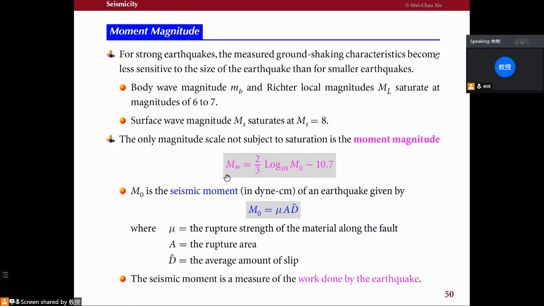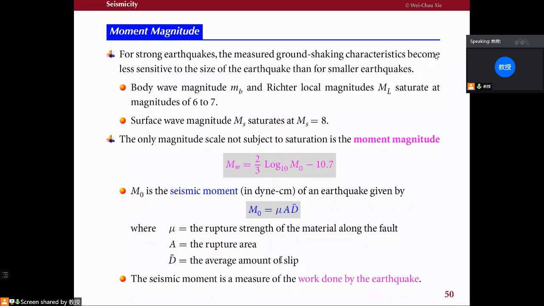MW. In here, M0 is the seismic moment. It's given by mu A d bar. Mu is the rupture strength of the material along the fault. A is the rupture area, and d bar is the average amount of slip.